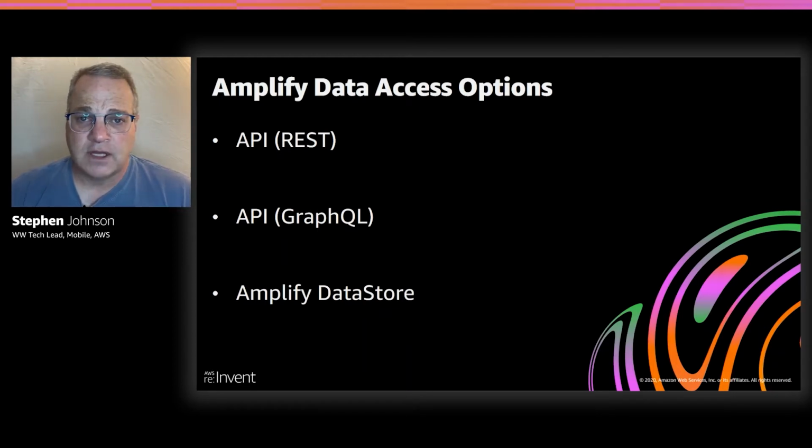We have API through GraphQL, which is supported by AWS AppSync, our managed GraphQL service. And we have something new called Amplify Datastore, which is a little different. It provides a local programming model that simplifies a lot of tasks in doing data access. And it's actually built on top of AppSync.